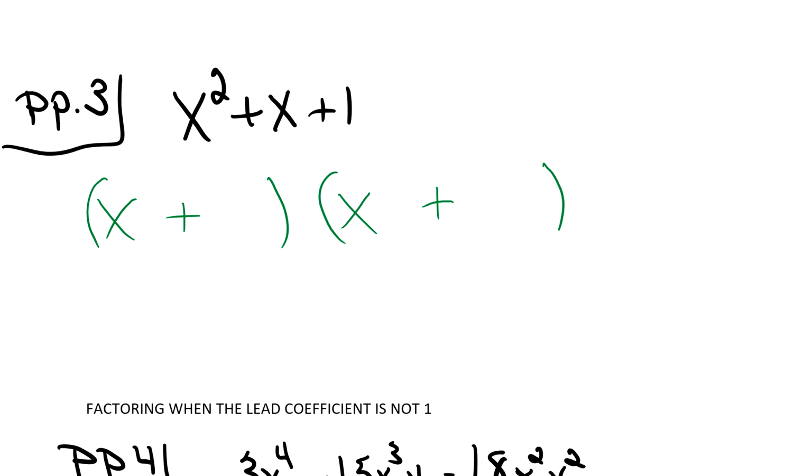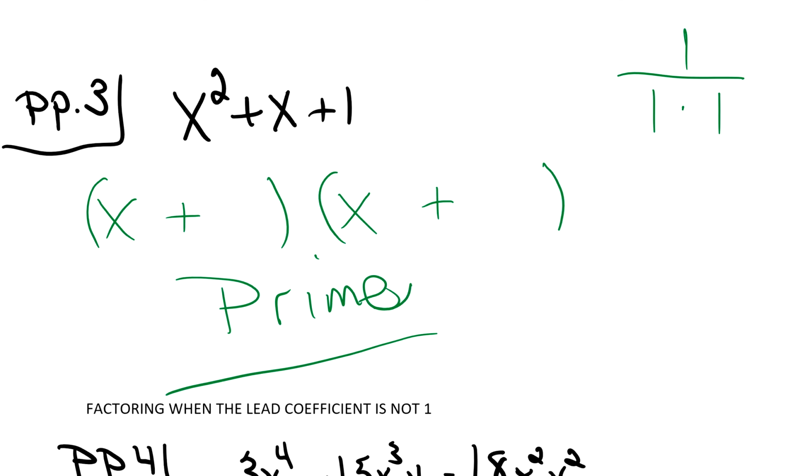Well, if I have 1 here, 2 factors of 1 is 1 times 1. And when I add it, I get 2. I don't need a 2x, I need a 1x. So this is not factorable. This is what we call not factorable or prime. Cannot factor it.